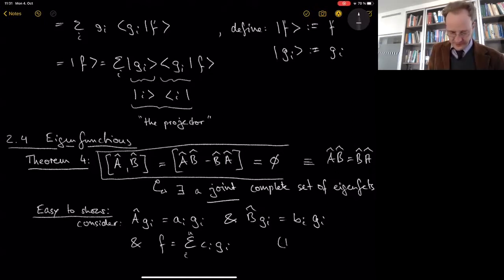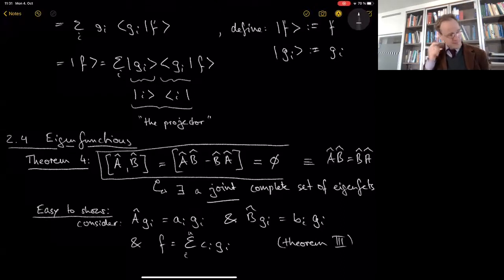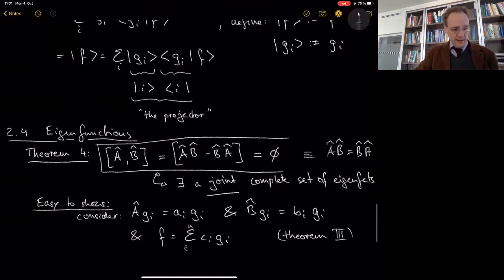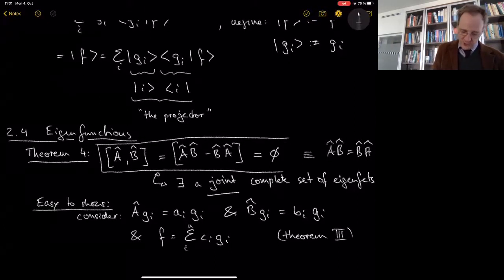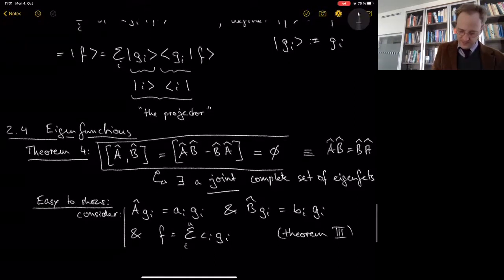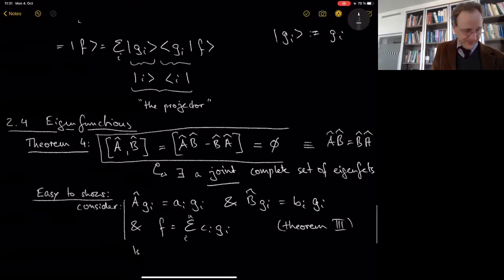So this was Theorem 3. So now we would have to show is AB, when operating on this F, indeed 0.